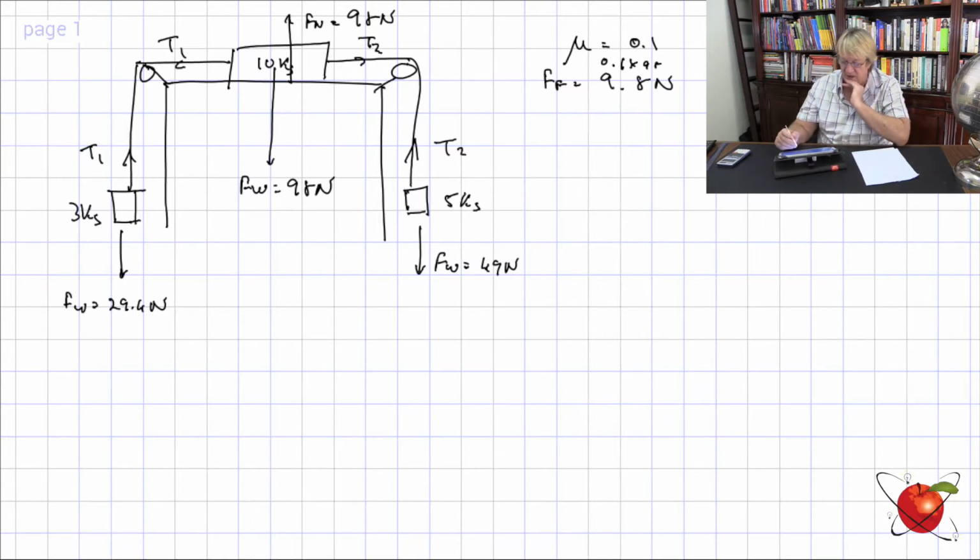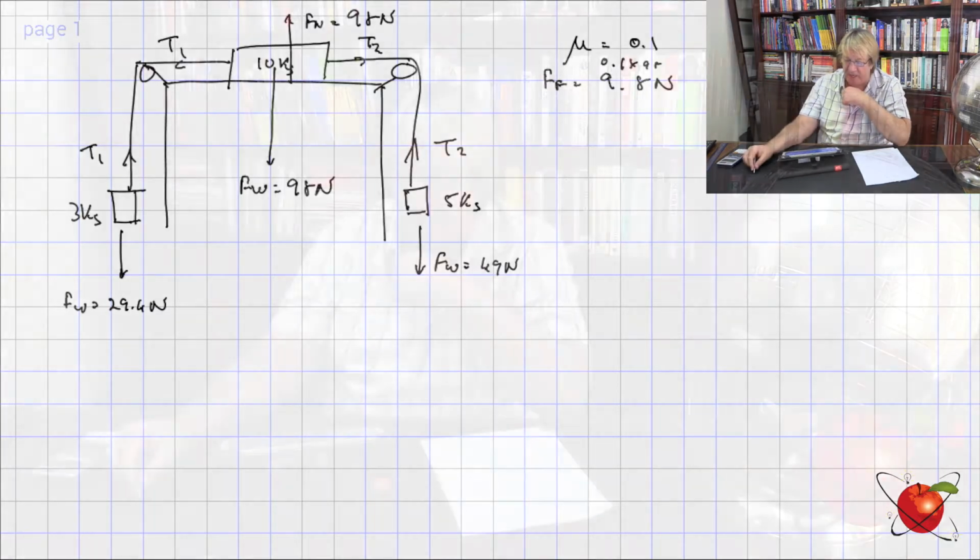Okay. Now, here's the trick. We say, right, once again, it always comes down to the question, which way does friction want to act? Ask yourself the problem. Just look at it and say, which way does that 10 kilogram block want to move? We've got 5 pulling down this side of the table, and on the other side of my desk, we've got 3. So logically, the 5 is going to pull the 3, isn't it?